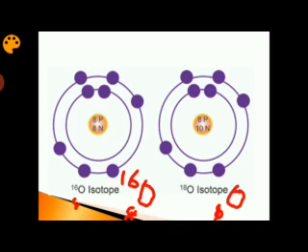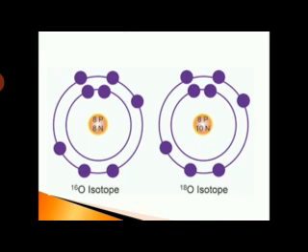Then in order to get 18 in the upper part, the number of neutrons should be 10, because 10 plus 8 is 18. So its nuclear symbol is 8O18. So these are 2 different isotopes of oxygen. O17, which has 9 neutrons in its nucleus, is also another isotope of oxygen.